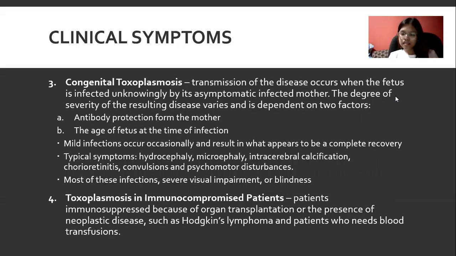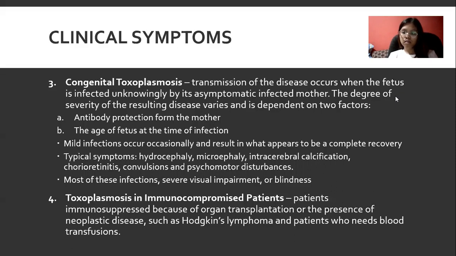Next naman is congenital toxoplasmosis. So, transmission of this disease occurs when the fetus is infected unknowingly by its asymptomatic infected mother. The severity of the resulting disease varies and is dependent on two factors: antibody protection from the mother and the age of the fetus at the time of infection. Mild infection occurs occasionally and results in what appears to be complete recovery.